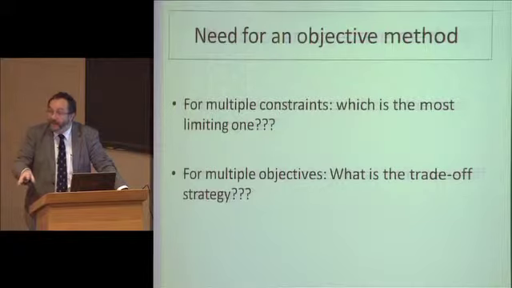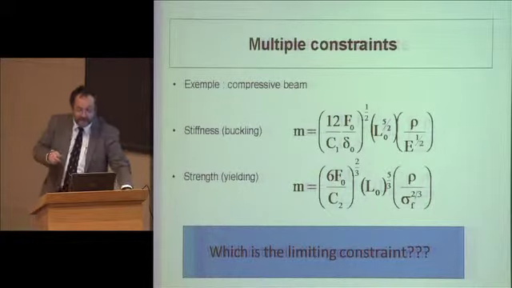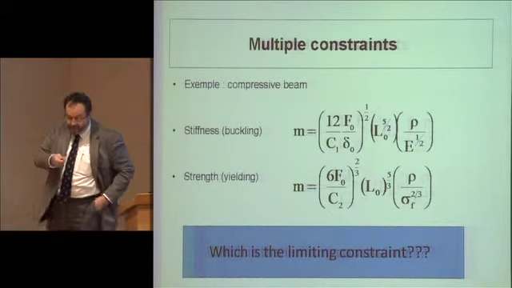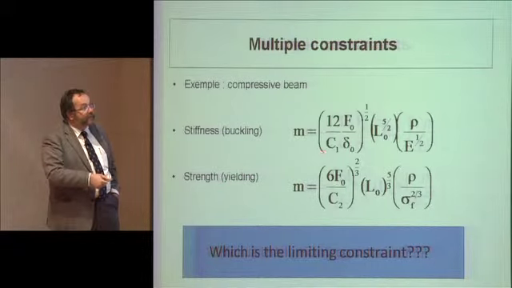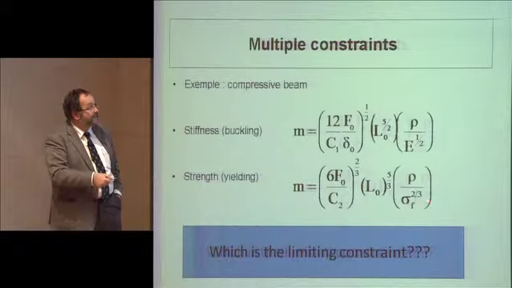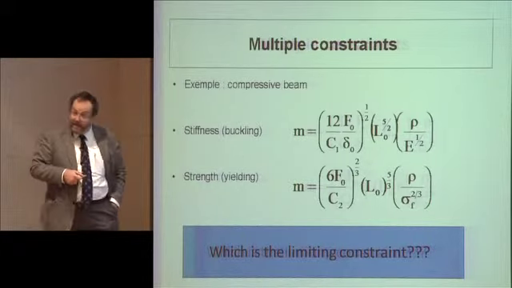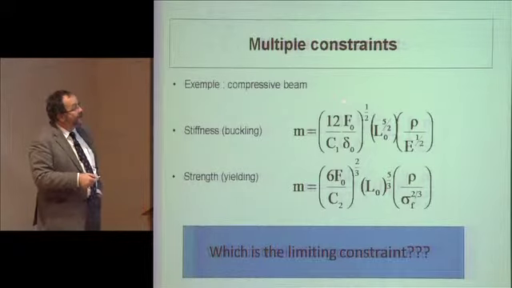What we're going to see are techniques that are starting to look very much like applied math. If you look at a multiple constraints issue, you want to have something that is both stiff and strong. The simple formula shows that mass must be a minimum this and limited by this, and you need to find which one is the most limiting out of these two.